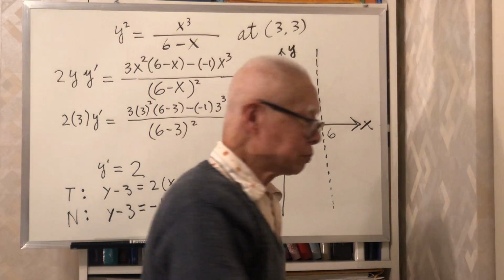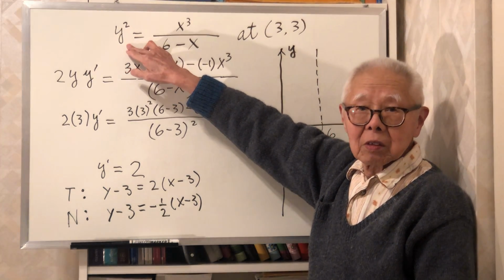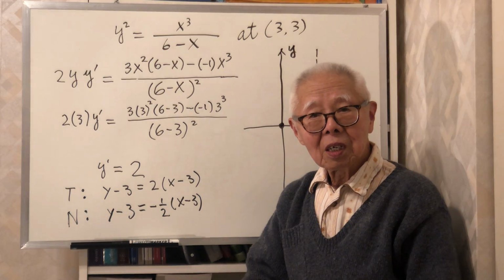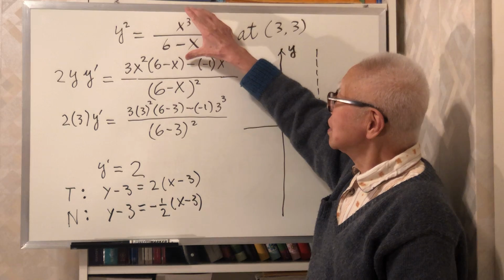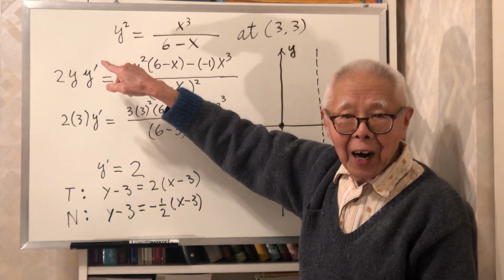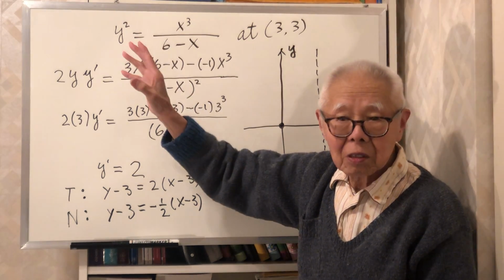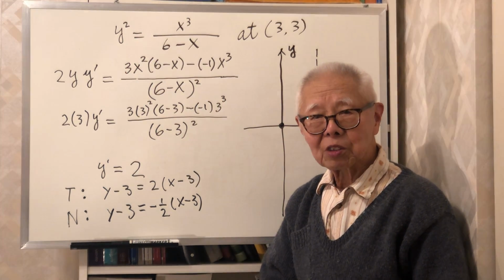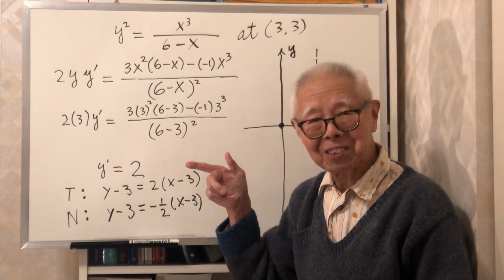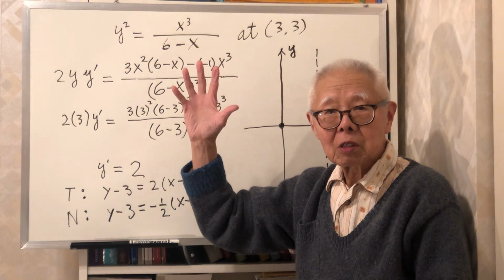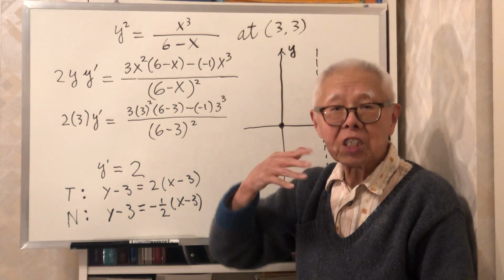Look at the function. Y is squared. Therefore, positive y and negative y give the same right-hand side, which means the graph is symmetrical with respect to the x-axis, because the positive y part and the negative y part are the same.